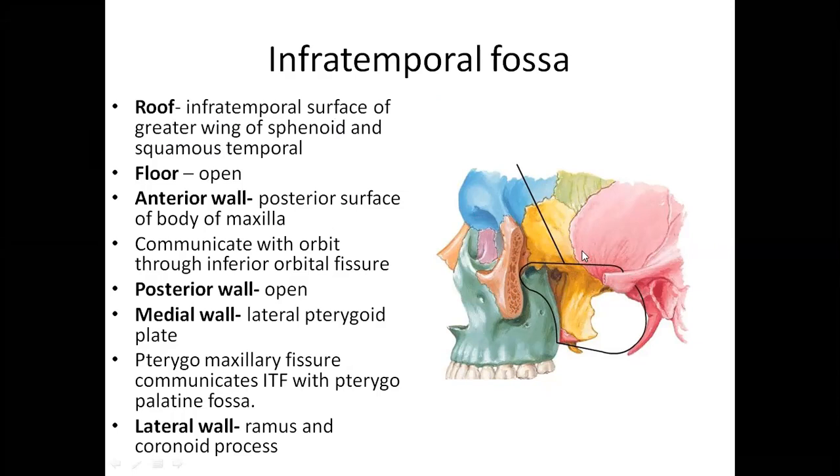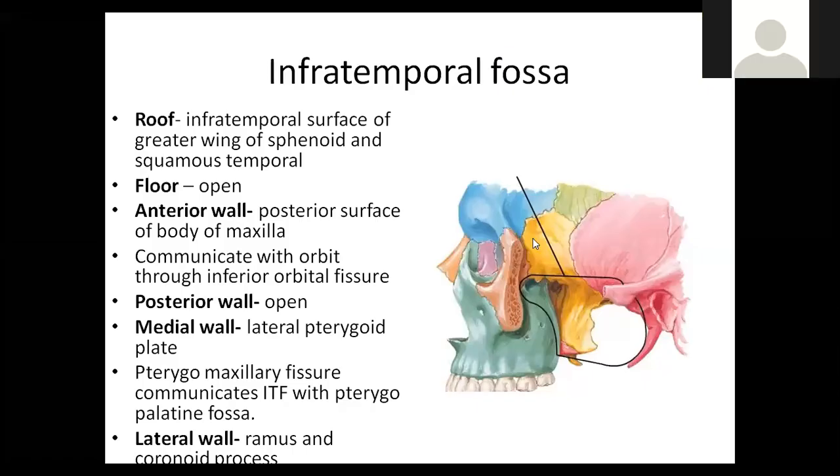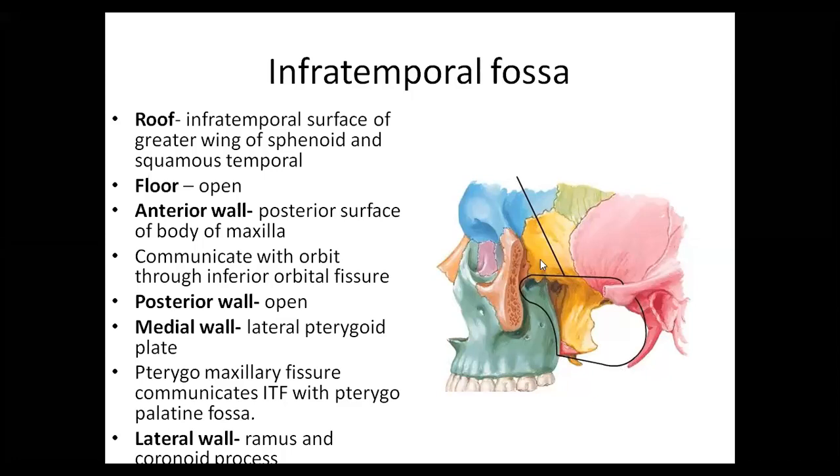Not only that, this smooth pink bone, what did we name it? Squamous temporal bone. Now see, the roof was this, and the floor is open. It doesn't have anything. This becomes the anterior wall. From the knowledge you have, think about the name of this bone anteriorly.